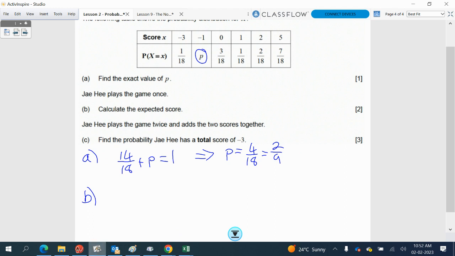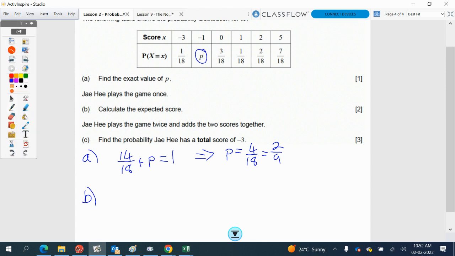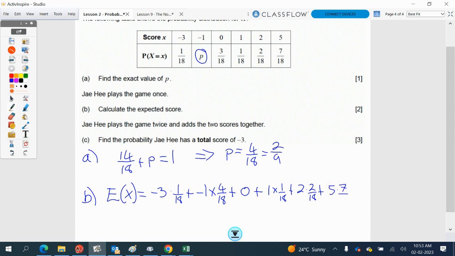So we need to use the correct notation. The expectation of X is equal to minus 3 times 1 over 18 plus minus 1 times 4 over 18 plus 0 plus 1 times 1 over 18 plus 2 times 2 over 18 plus 5 times 7 over 18.